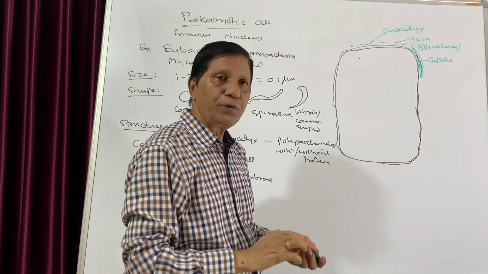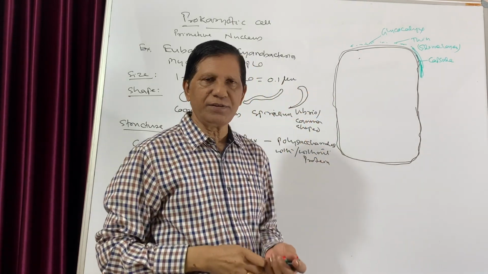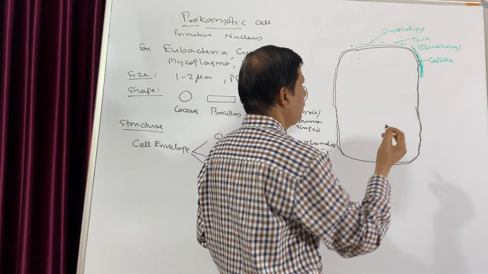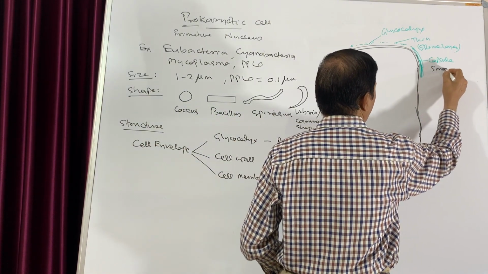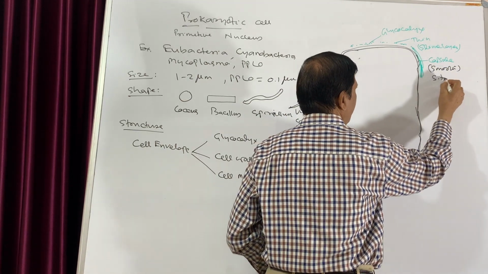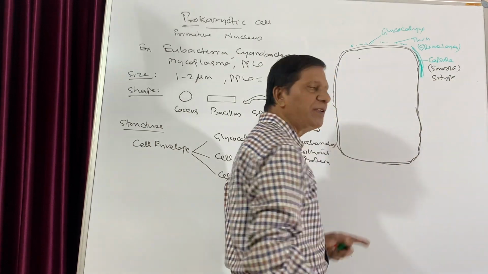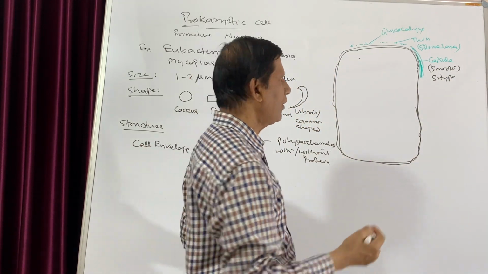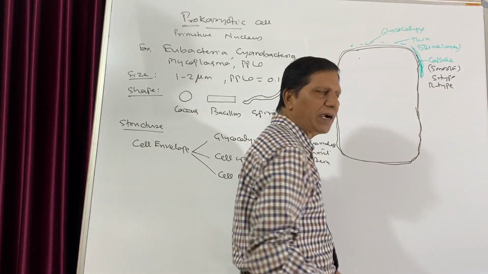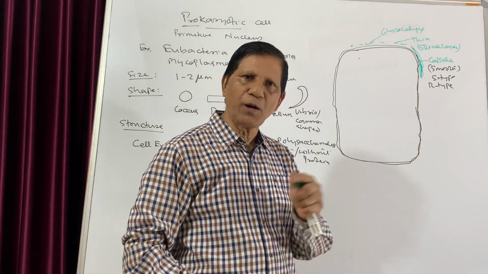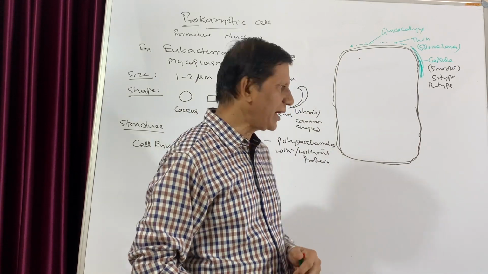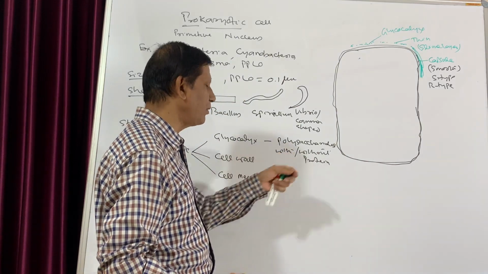So if the capsule is present, that means it is rigid, then it is known as smooth, or we can say that the bacteria is S type. And if this capsule is absent, then we will call it R type. That means the bacteria may be smooth type or rough type, depending upon whether the capsule is present or absent. And it is usually made up of polysaccharides with or without protein.